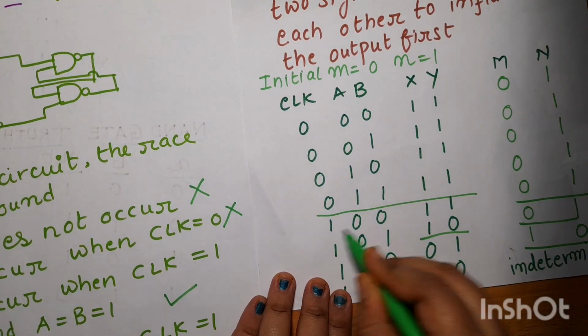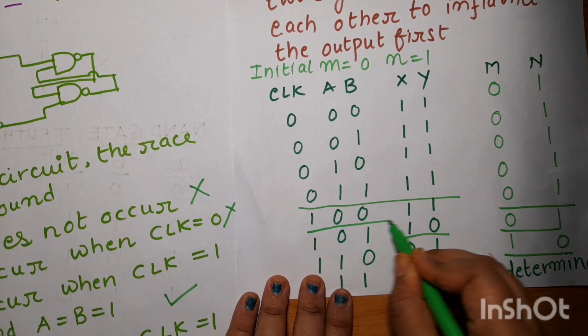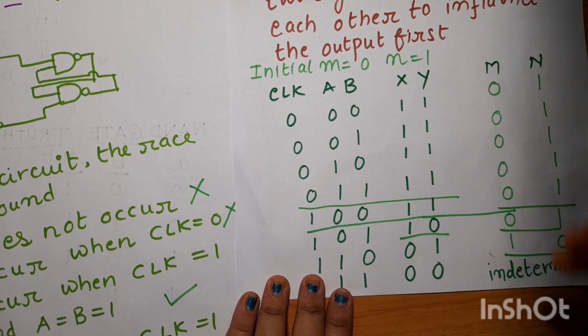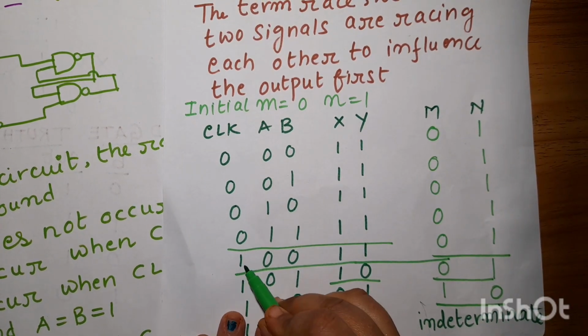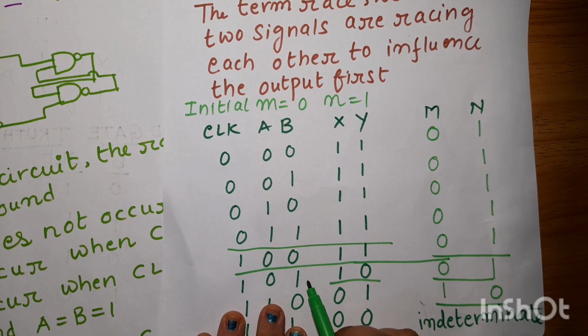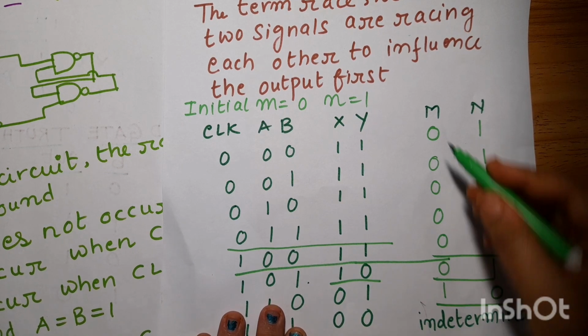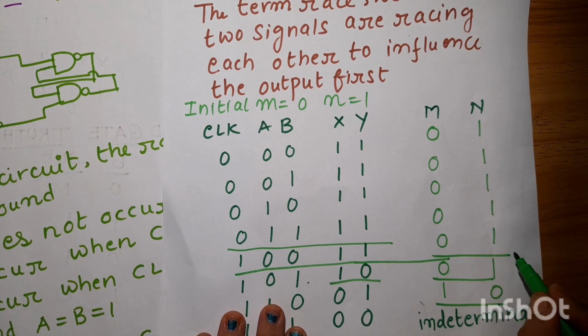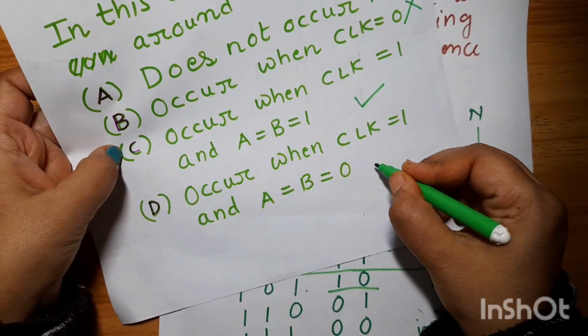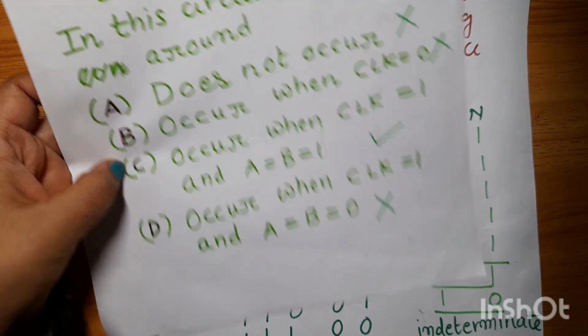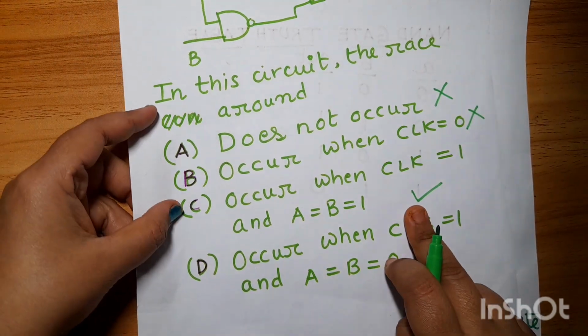At that point also, when the clock is 1 and A and B are 0, 0, X and Y are 1, 1, M and N are holding the old value. So race around condition does not occur for this state also. So the answer is C.